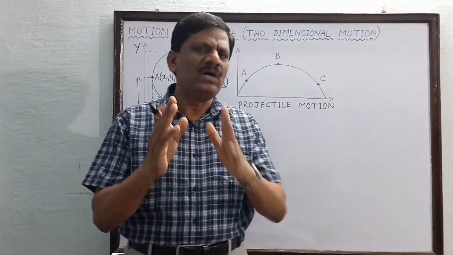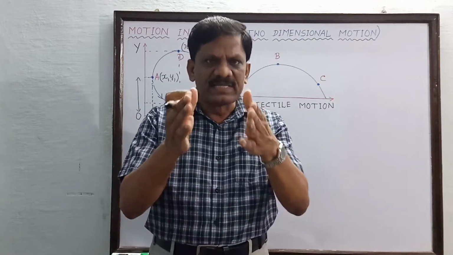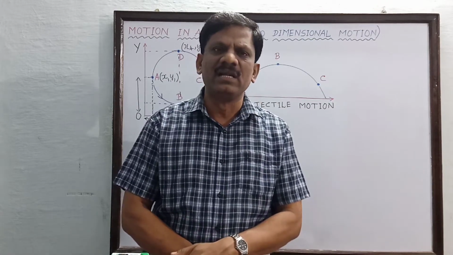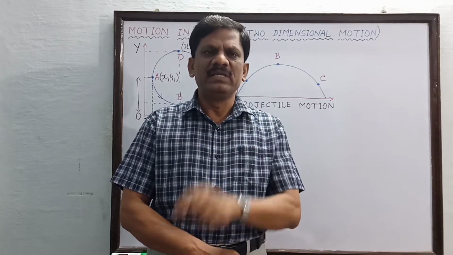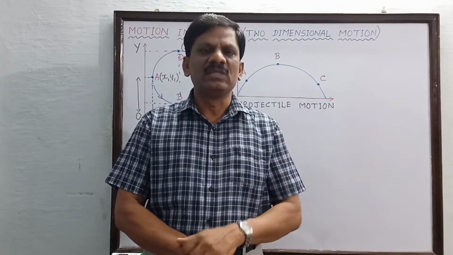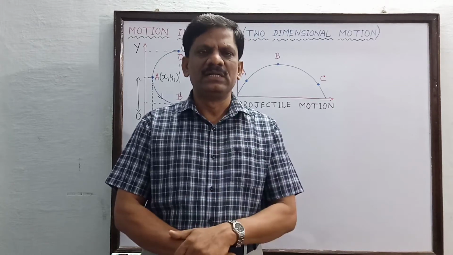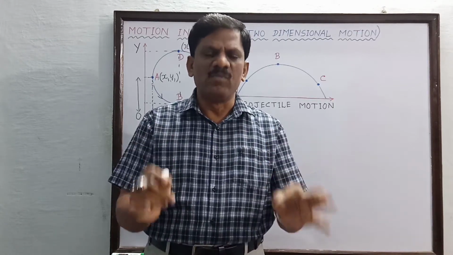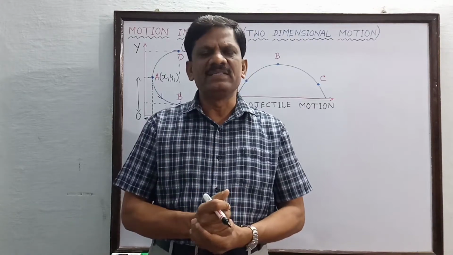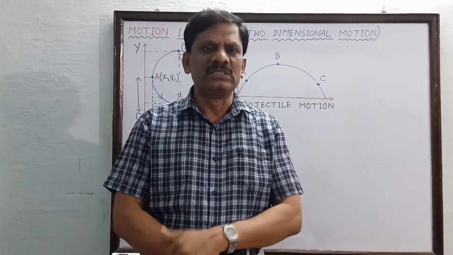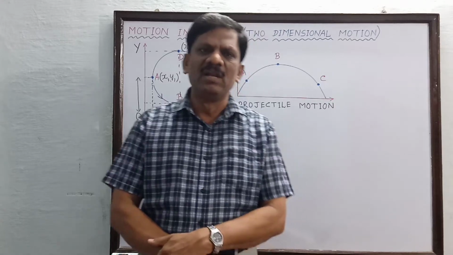So, how many coordinates are required to describe the motion of the particle along a circle at every point? There are two coordinates required. One is called the x coordinate and the other one is called the y coordinate. So, this type of motion of a particle which requires two coordinates to describe its motion is called two-dimensional motion.